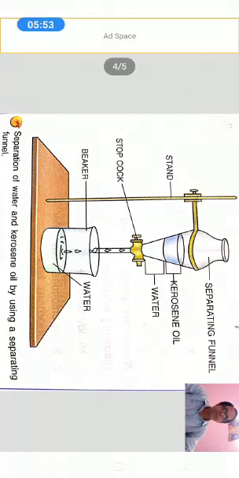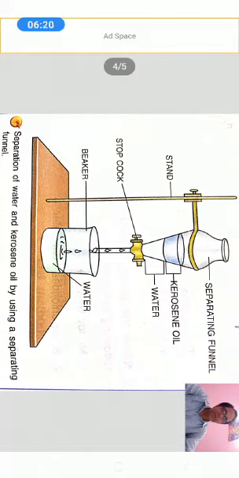Now the method. We take a separating funnel, attach it to the clamp stand and pour the liquid mixture of water and kerosene. Allow it to stand for some time. Two layers will be formed. The lower layer will be of water and the upper layer will be of kerosene.